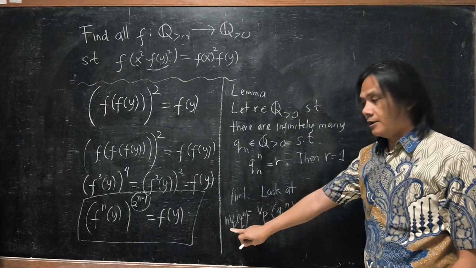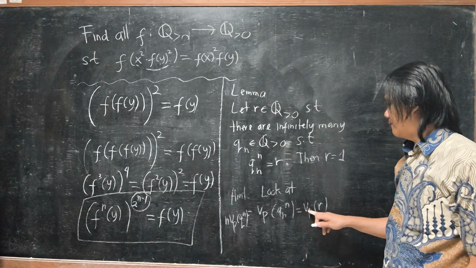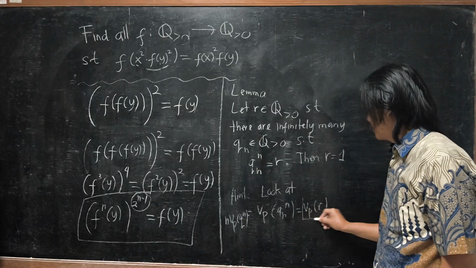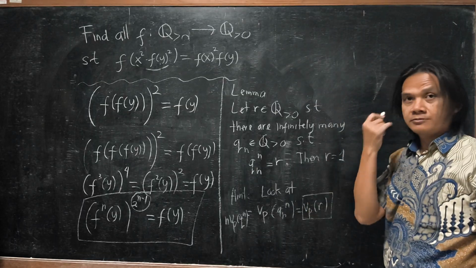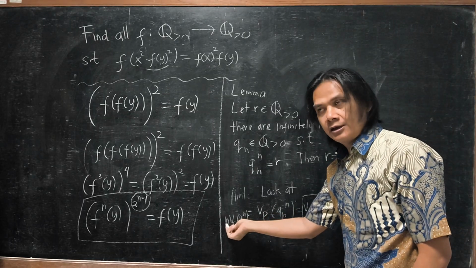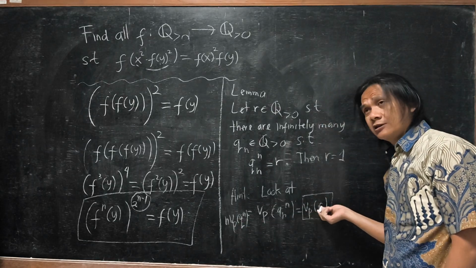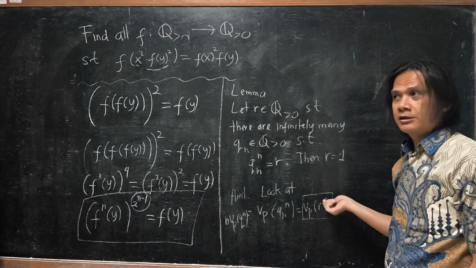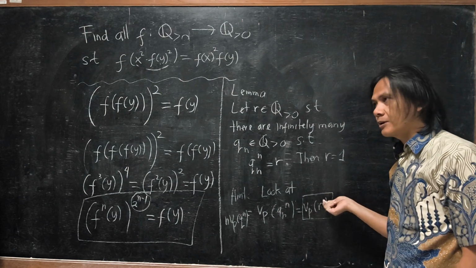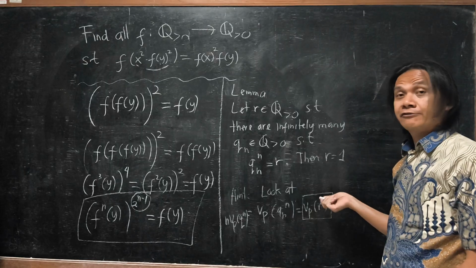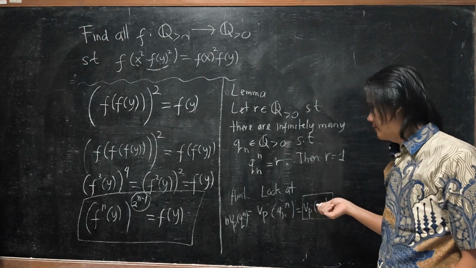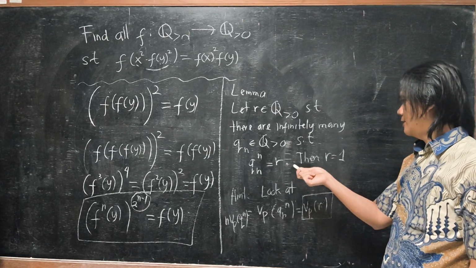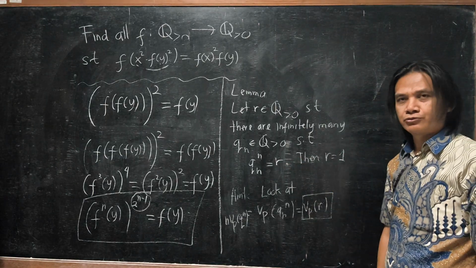So in particular, n divides v_p(R). Since there are infinitely many such n, this number is divisible by infinitely many n. And the only integer satisfying that property is 0; 0 is the only number that is divisible by infinitely many other integers. Therefore, this is 0, and we conclude R must be equal to 1.